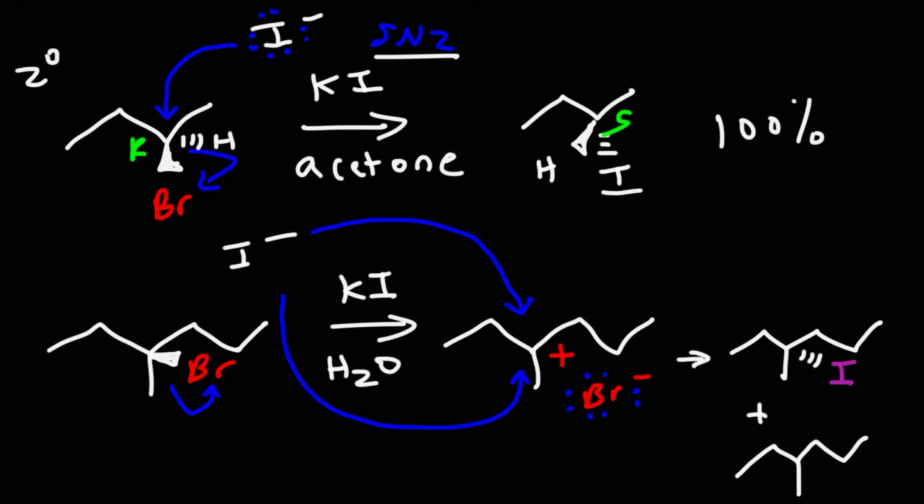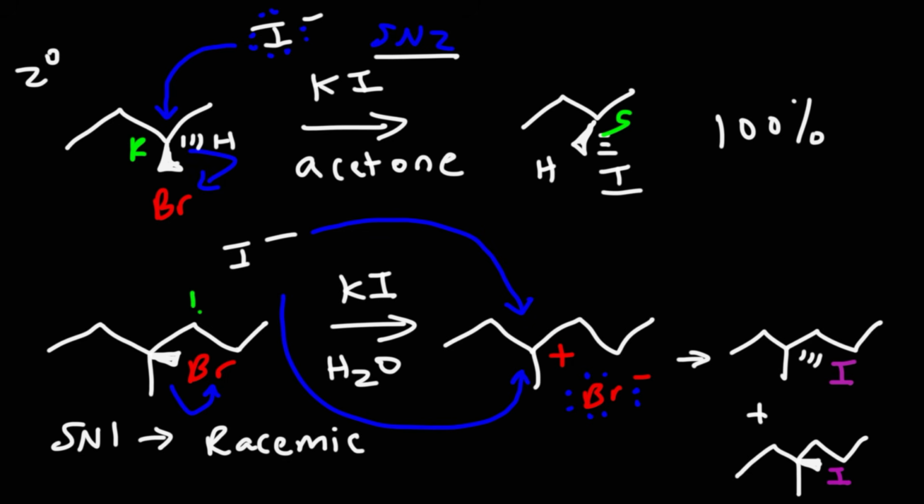So we're going to retain the stereochemistry at the chiral center. So the SN1 reaction gives us a racemic mixture. We get both the R and the S isomer.